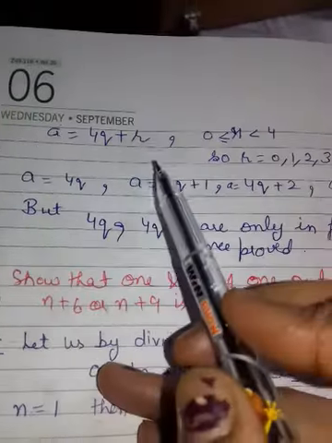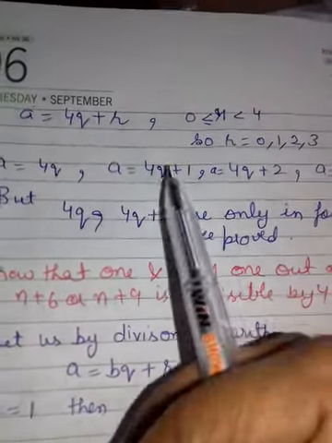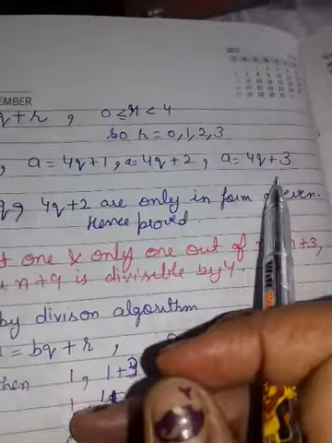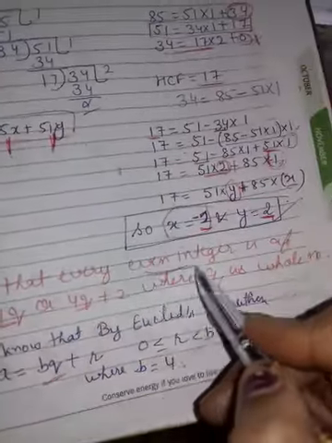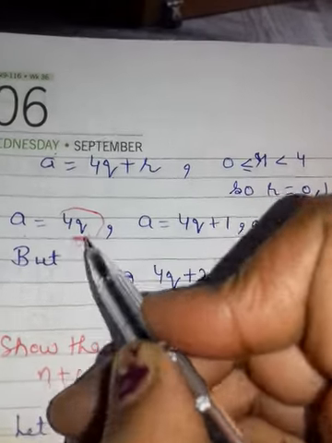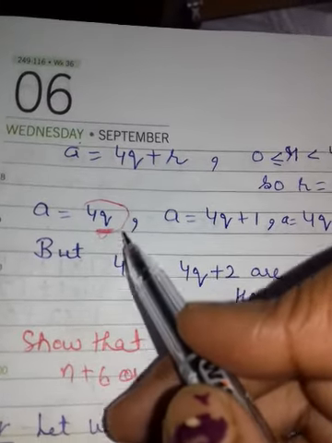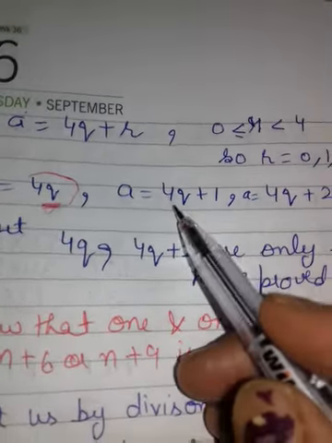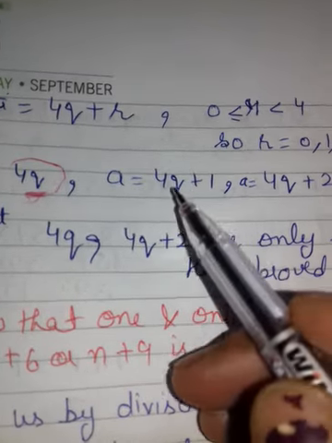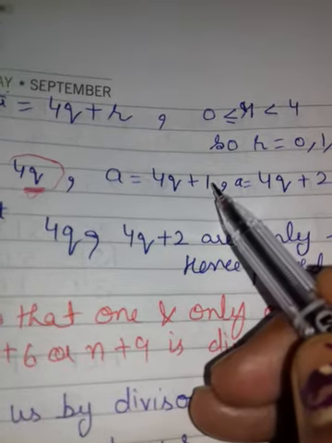Clear? Now you will see, firstly I put r as 0, then I got 4q, then I put 1, then 2, then 3. But you want only even integers. If you put any number, it may become odd. 4q plus 0, 4q plus 2 are always even. 4q plus 1 and 4q plus 3 are odd, for example 4 ones are 4 plus 1, 5.